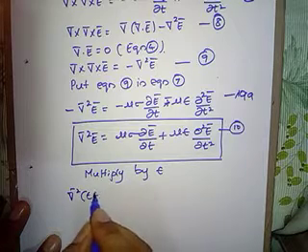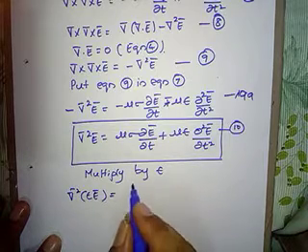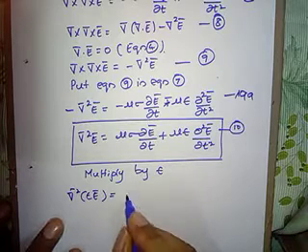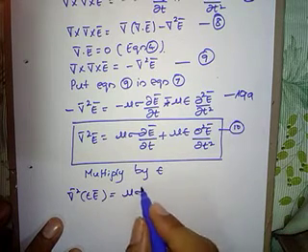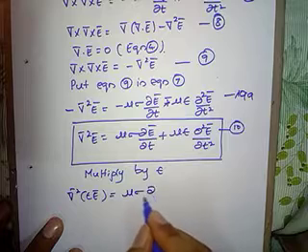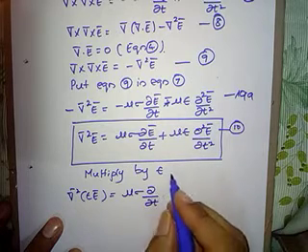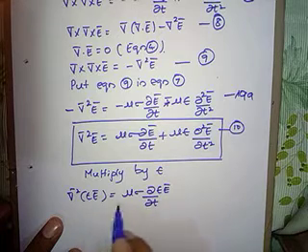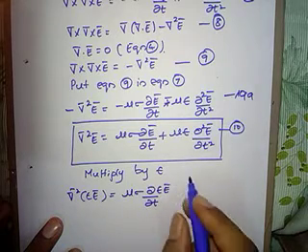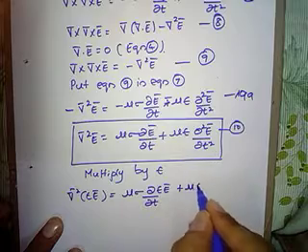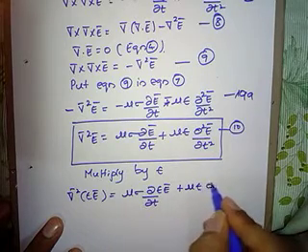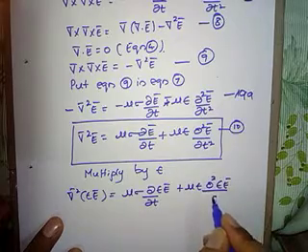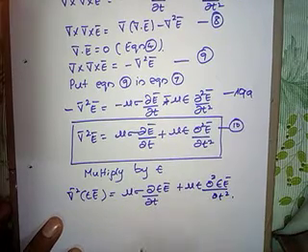Del square epsilon E bar is equal to mu sigma dou by dou t of epsilon E bar, plus mu epsilon dou square epsilon E bar by dou t square. I am multiplying with epsilon on both LHS and RHS.